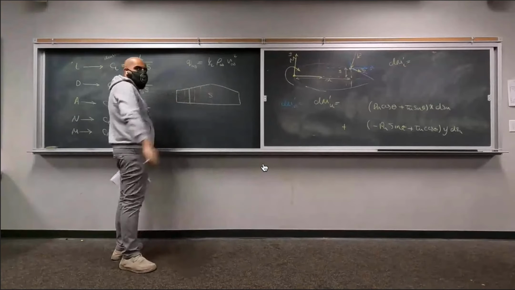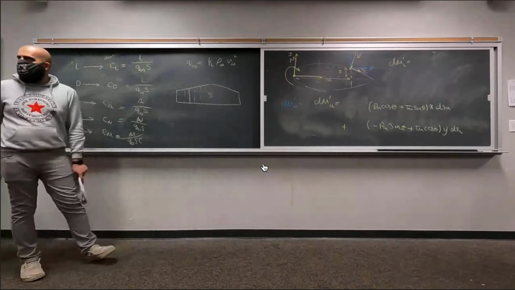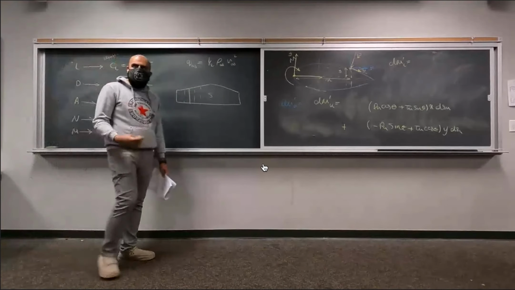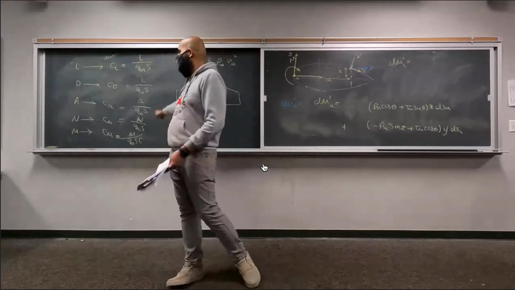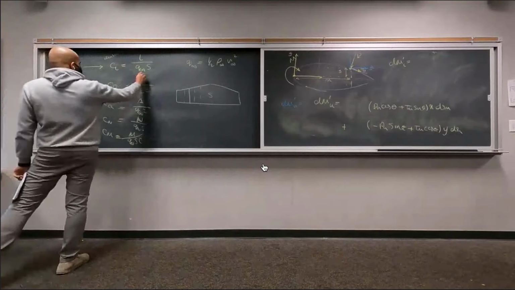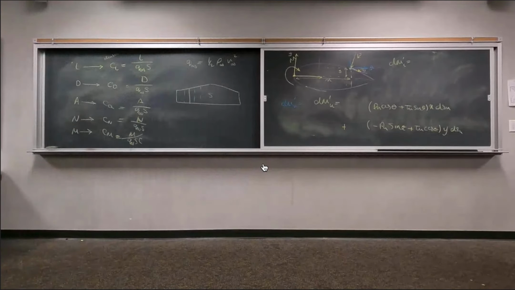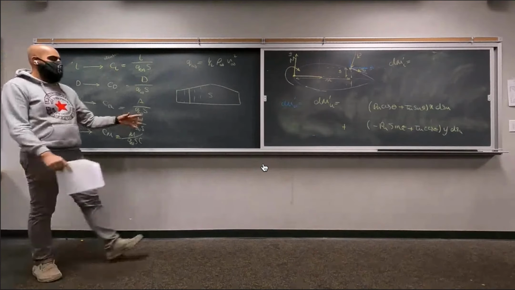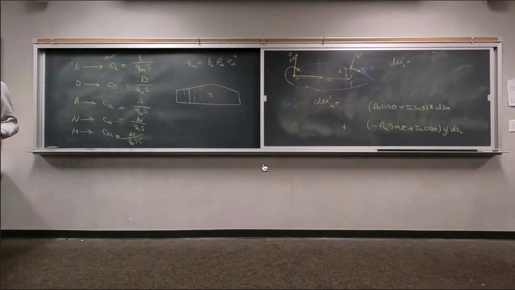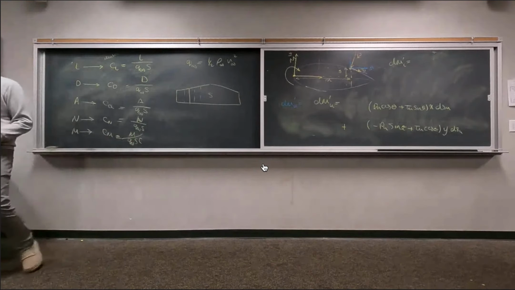As you can see, it is changing, right? Just take the mean length of your chord, and you should be able to use it here. But if you are dealing with a sphere, your cross-sectional area would have been this S, yes. That's correct, sorry. I'm sorry, I don't see you. You are at the far end of the class, I don't see you. Yeah, so if you're dealing with a sphere, your area is going to be your cross-sectional area, and the length is going to be essentially the diameter of the sphere, okay?